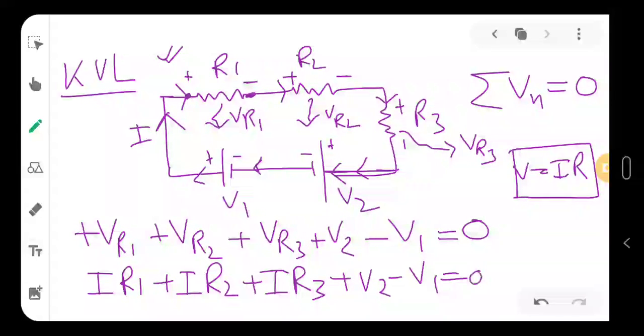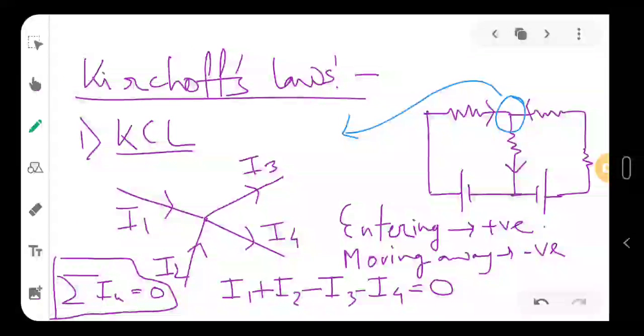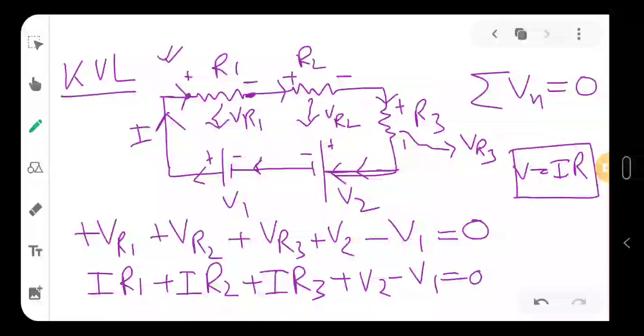So this is Kirchhoff's voltage law. Using these two laws, Kirchhoff's voltage law and Kirchhoff's current law, we can solve many problems. Now what kind of problems can we solve? Let us find out. Here I give you one example. Let's say I have this circuit.